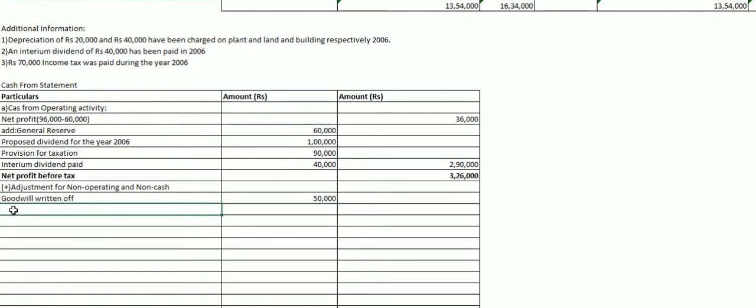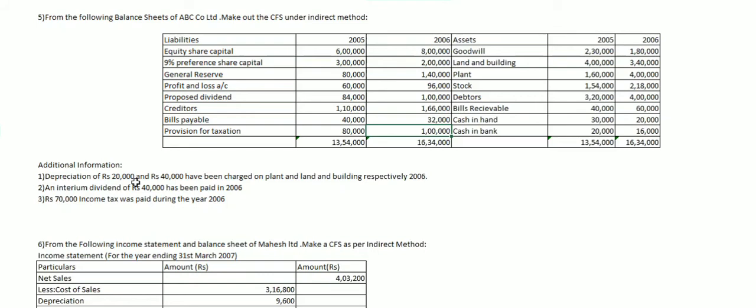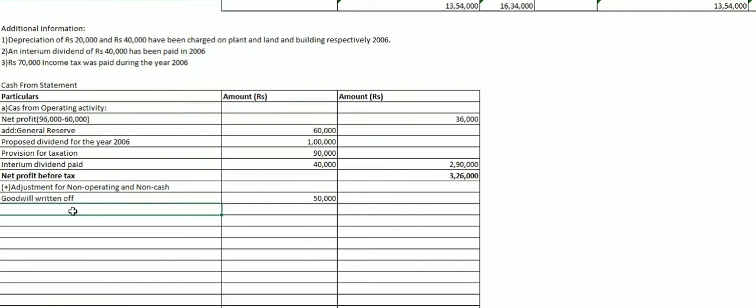Next you have your depreciation. If you have any depreciation that you will put up, so depreciation on land and building is 40,000 and depreciation on plant is 20,000.